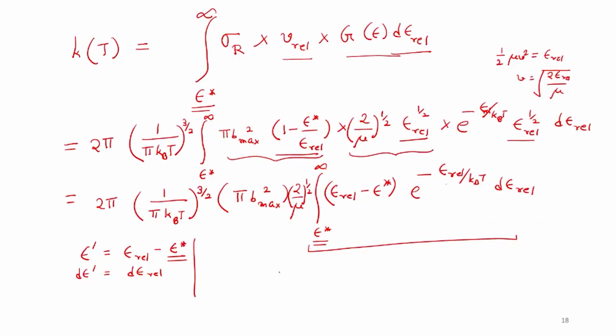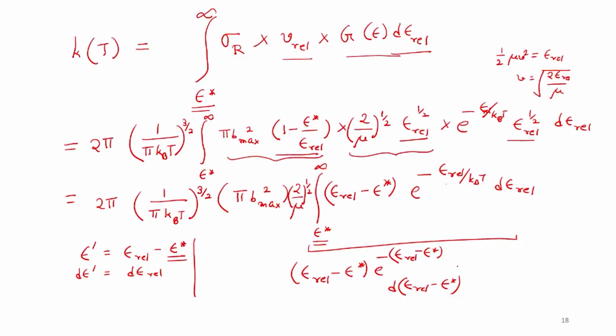So that I can write very cleverly as E relative minus epsilon star times e to the power minus (E relative minus E star) into d(E relative minus E star), because d epsilon star is a constant, so that is the same as d epsilon relative.